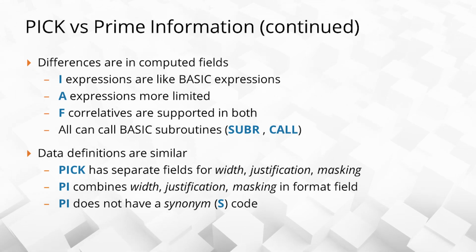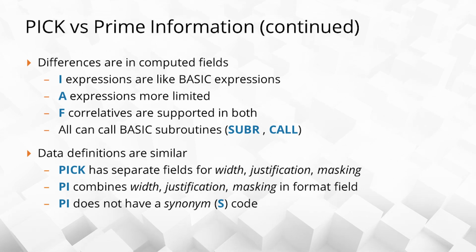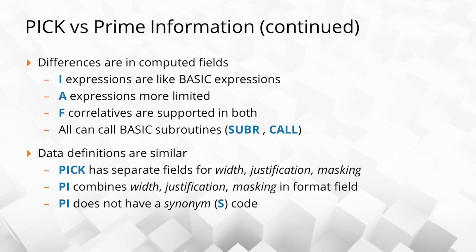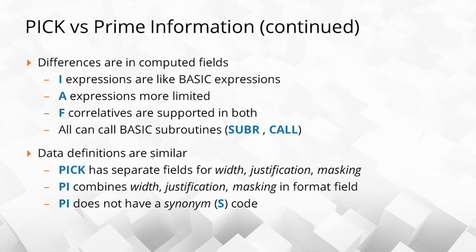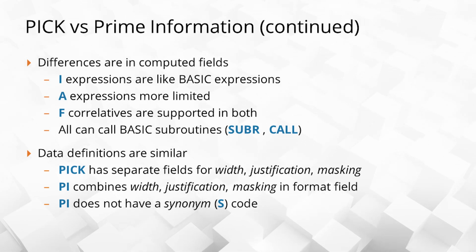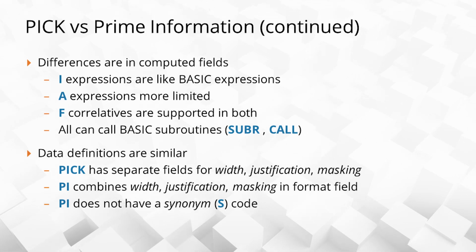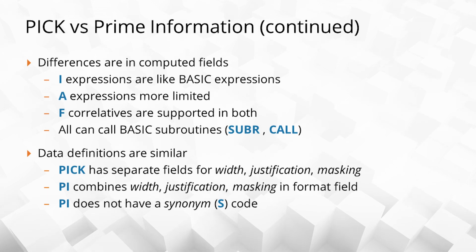Sometimes these are actually compiled, and there's a compile command that you need to run after you change your expressions in these I and V fields. For PICK style dictionaries, there are A expressions, which stands for algebraic, which allow you to do computed results. Those can be used in the S and A type definitions.